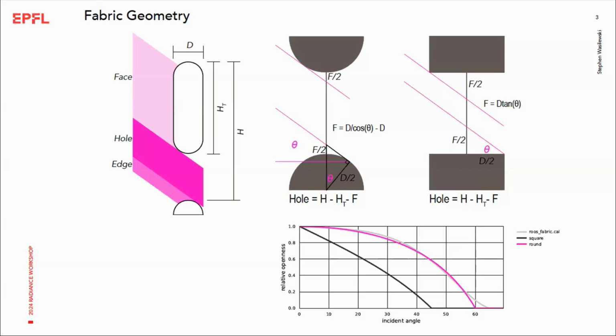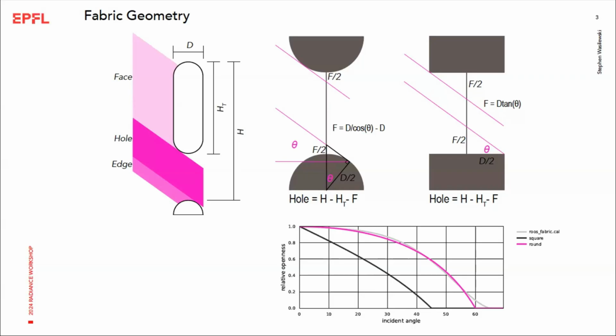And so a while ago, I'd done a version modifying grading.cal, but that assumes these square edges, right? And so the fall off will be related to the tangent, and that actually doesn't match very well with what you see from the BSDFs, and it's just too quick. And so if we assume rounded edges, we get this 1 over cosine fall off, and that matches much more nicely with, for instance, Jan's direct normal fit, which also matches with the measurements.